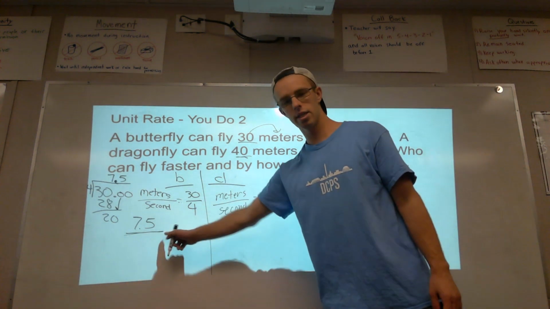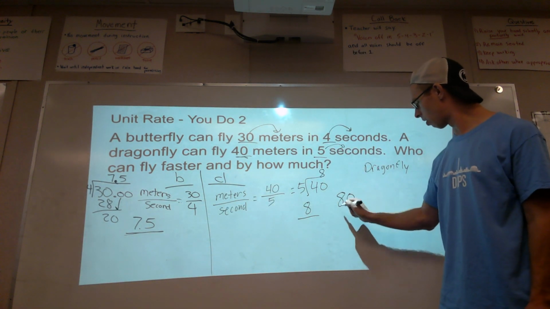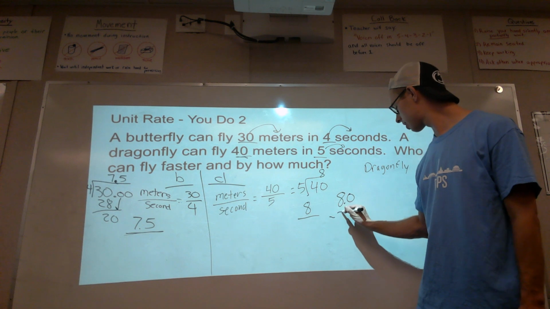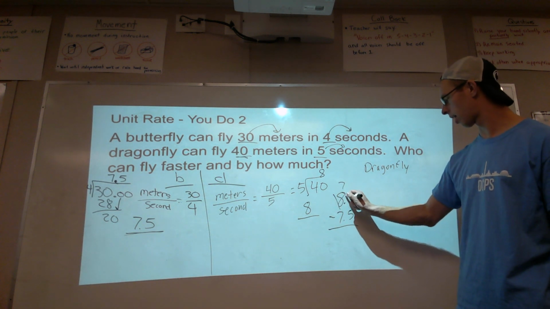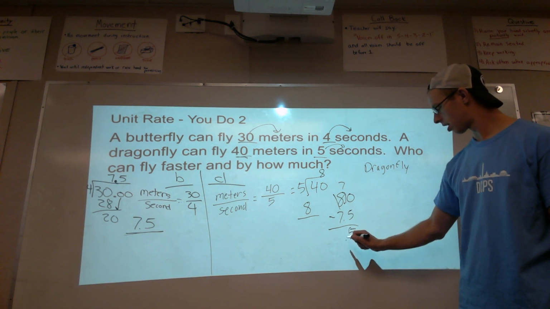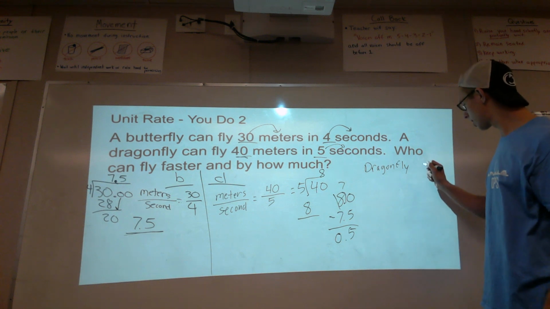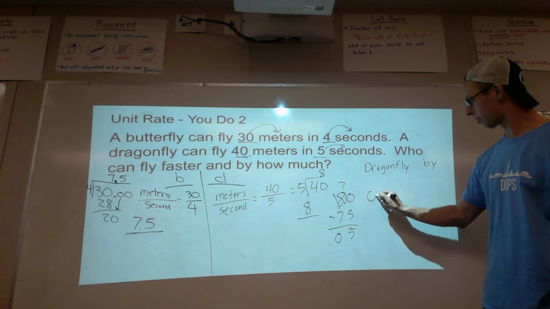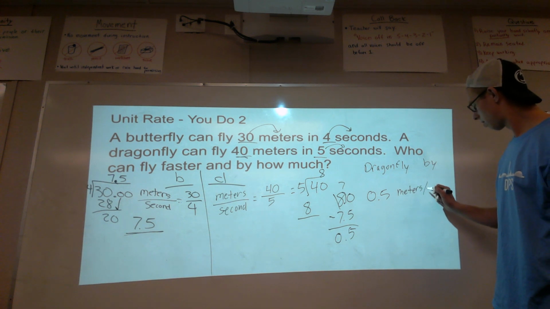Well, to compare these, I need to subtract. 8.0 minus 7.5. And if you do this, you're going to have to borrow here. You get 10. You get 0.5. So the answer is the dragonfly by 0.5 meters per second.